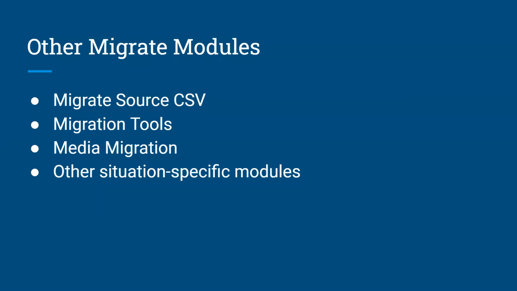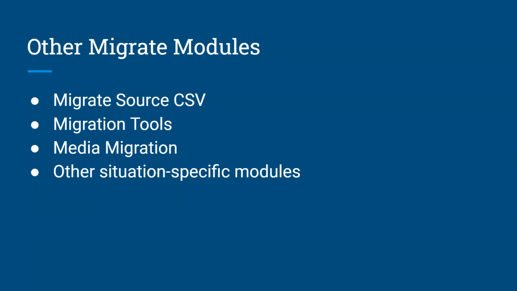There is also the media migration module, which I wish I had had time to experiment with before this, but I simply didn't with my current workload, because I have a Drupal 7 to 8 site that I'm working on right now, where I'm going to have to work on migrating media. And that's something that Drupal core does not do right now, it has no path for migrating media from 7 to 8.